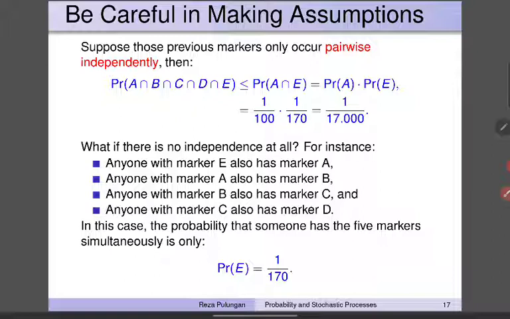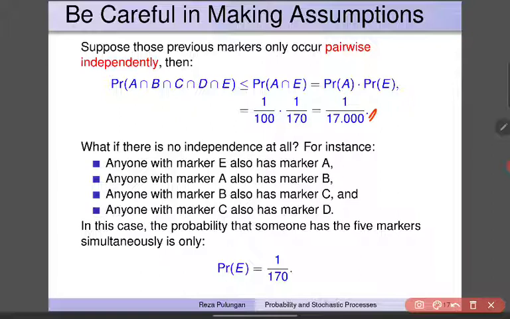So this must be bounded by the probability of A intersection E, namely the probability of A multiplied by the probability of E, 1/100 multiplied by 1/170, which is equal to 1 divided by 17,000. And this is, of course, way smaller than the previous one.